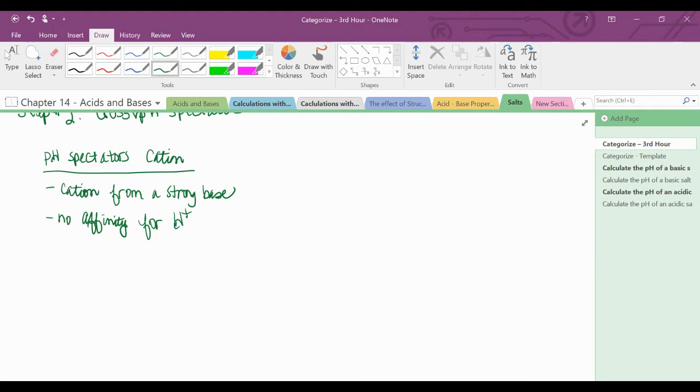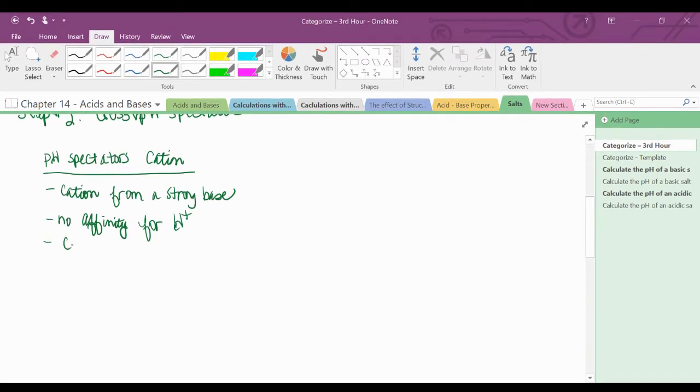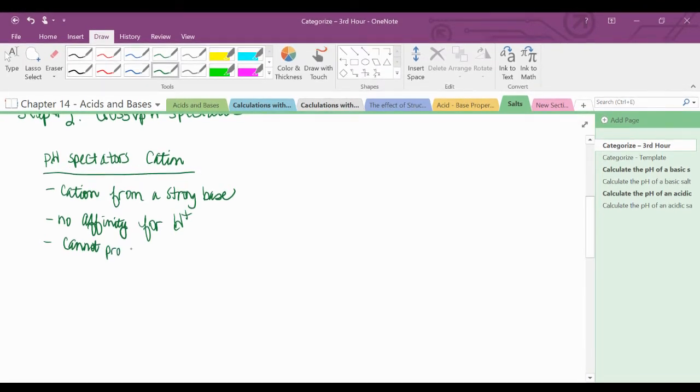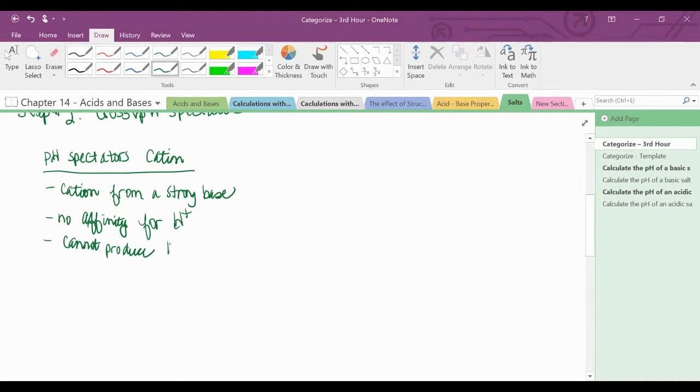So that OH bond is strong. And since it doesn't attract hydrogen ions and doesn't produce hydrogen ions, it has no effect on pH.